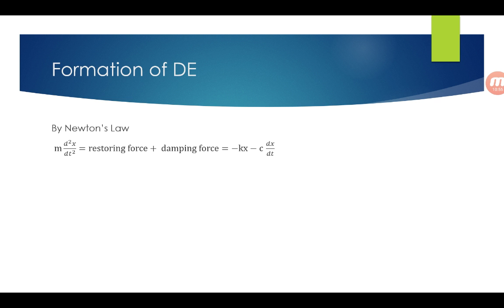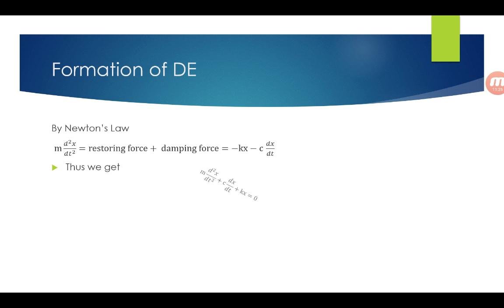As you can observe, this damping force is a new term here. Substituting the restoring force as minus kx and the damping force as minus c times dx by dt. Again, the negative sign shows the forces are acting in the opposite direction.